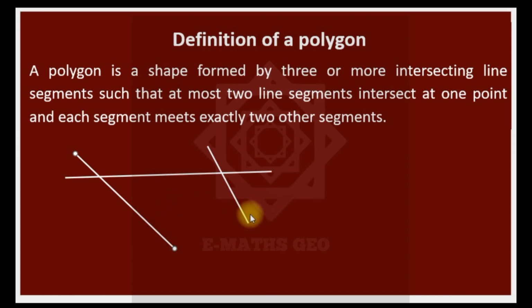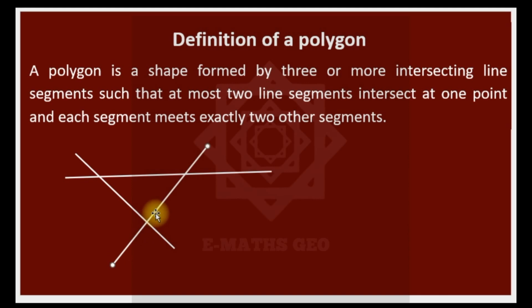So it's not yet a polygon. Okay, finally, exactly, this is now a polygon because we have three line segments and each of them intersects two other line segments. So this is a polygon.